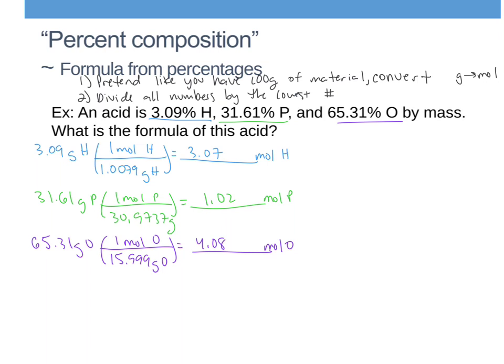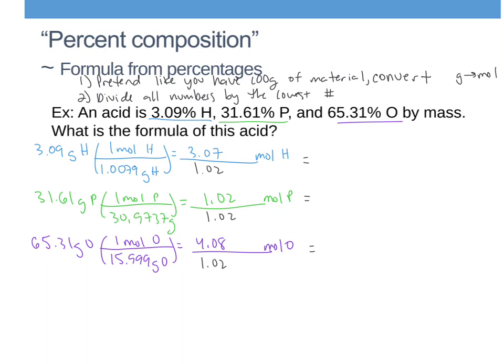In my case, my lowest number is 1.02, so I'm going to divide all three of these by 1.02 to get a better looking ratio. I'm trying to get whole number ratios, because formulas are in whole numbers.